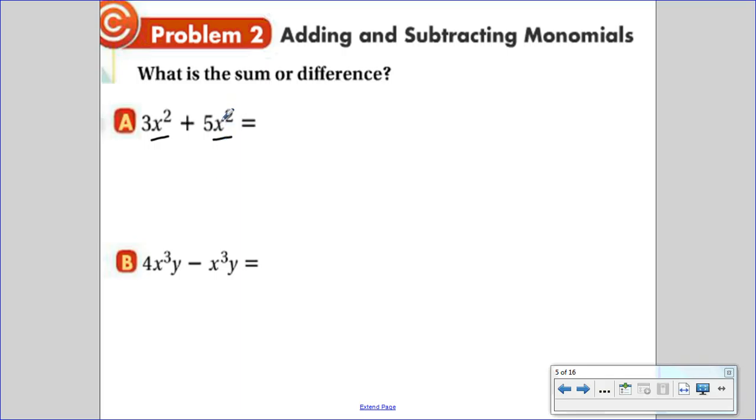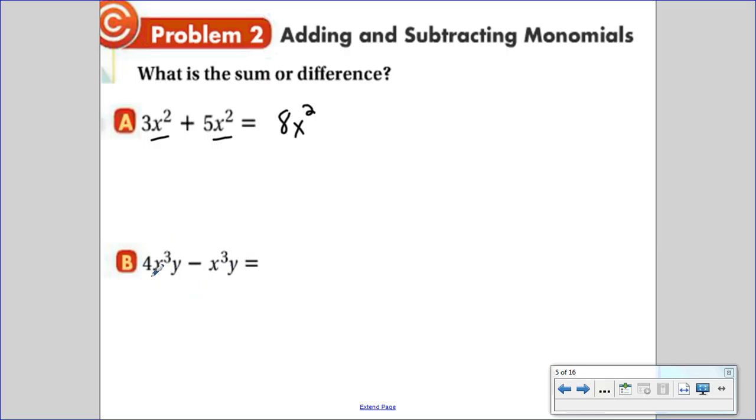It could be the same, like if we're dealing with money, 5 quarters. This is 3 quarters. So if the labels are the same, if the exponents and the variables are the same, you can add the real numbers that are in front. So 3x squared plus 5x squared becomes 8x squared.